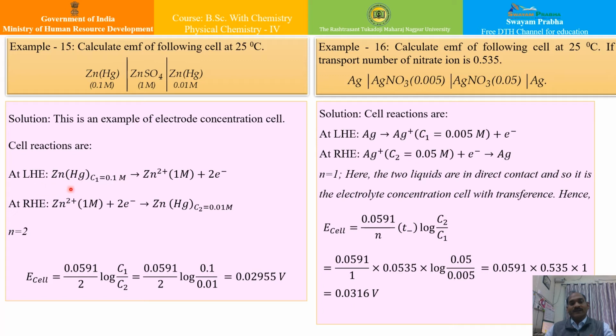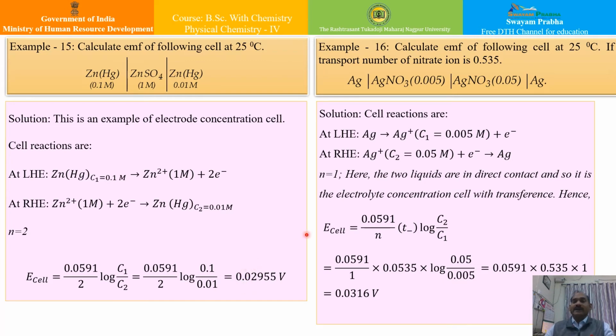Now at the left hand side electrode we can see that there is a loss of electrons, and at the right hand side electrode there is a gain of these two electrons, and therefore definitely n is equal to 2, and therefore my Nernst equation gives me the EMF of the cell in this fashion, and using this formula I can calculate the EMF of this cell.